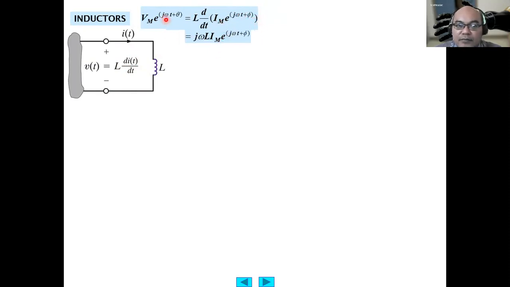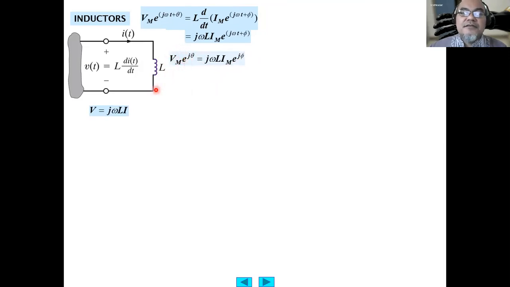The component exponent j omega t can be cancelled again from both sides of the equation. I hope I don't need to derive it in more detail; this is just complex algebra, which you can review from mathematics. So this becomes Vm exponent j theta equals j omega L Im exponent j phi.